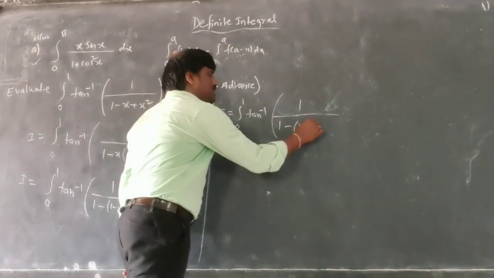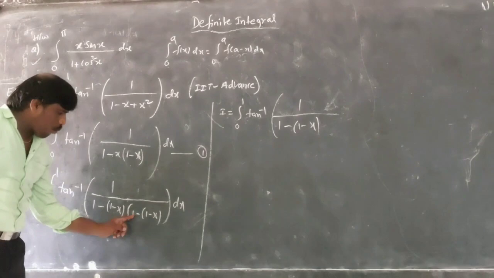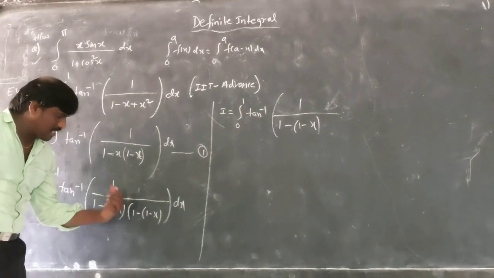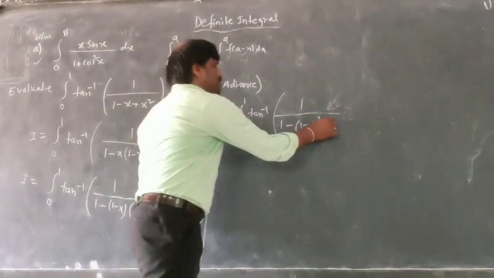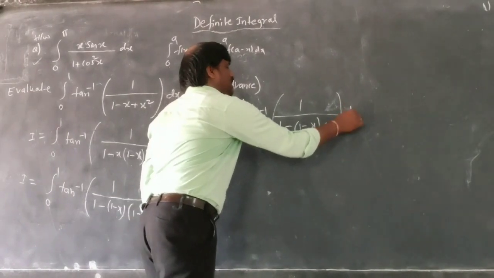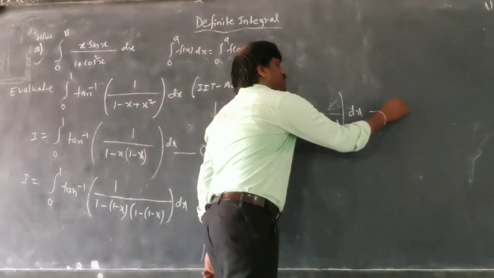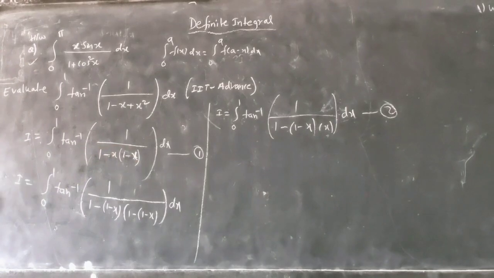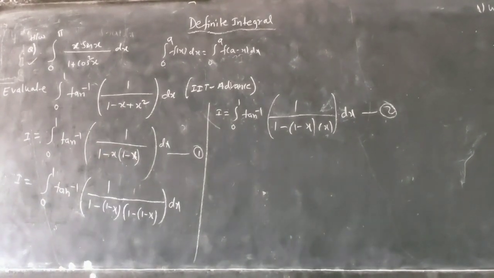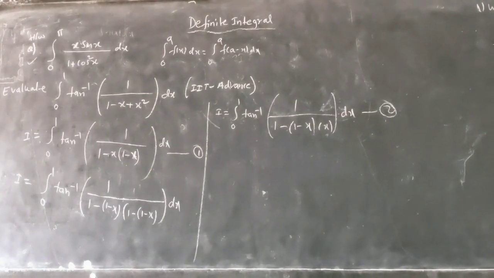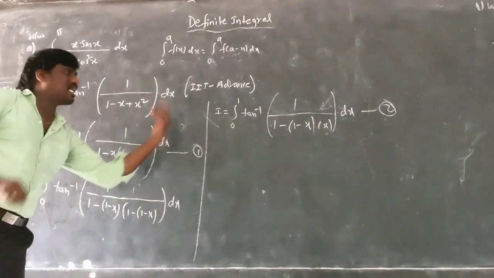This is 1 minus x. And look at here, 1 minus 1, minus into minus plus. So I get x, and this is the dx. So let us take this as equation number 2 and this as equation number 1. According to the King's rule, what I have to do, I need to add both the equations. But if I add, what is going to happen?